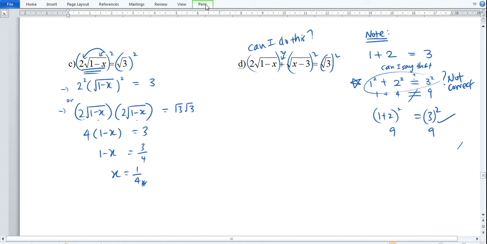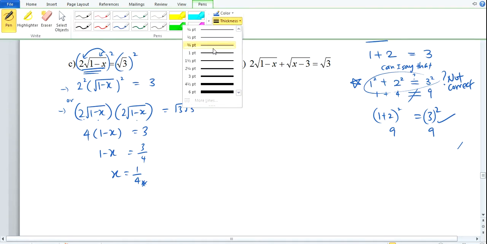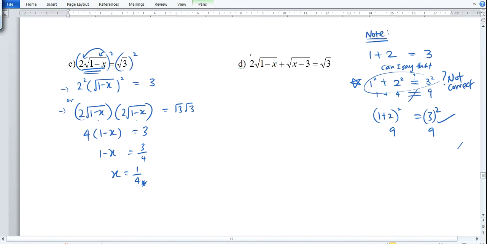So this is not correct. So what should be the correct way? Remember, the correct way is to square both sides. Again, when we say square both sides, we really mean square both sides, in this way. Now, it looks complicated, but it can be done.